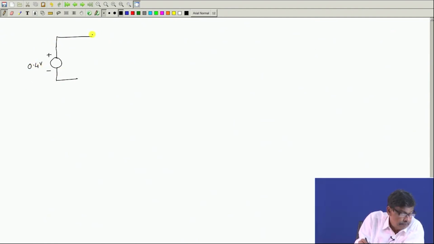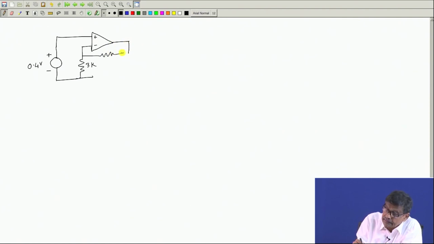Here is the circuit given. This is drawn like this, plus minus, and here is a resistance, which is say 3K, and there is a resistance there, it is 2K, and at the output you have another resistance, some value is there at the output.